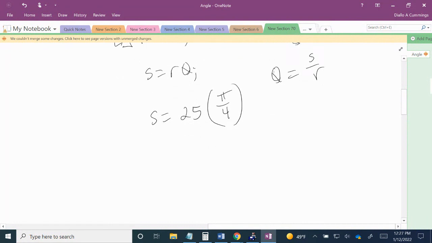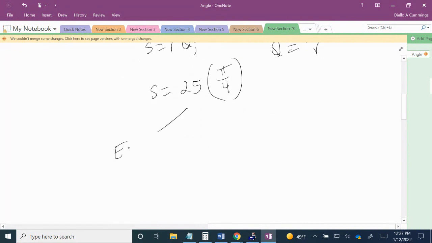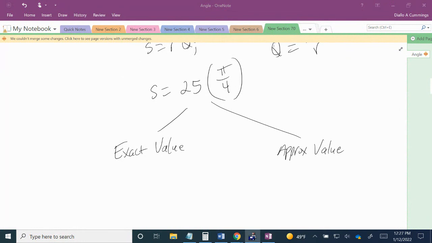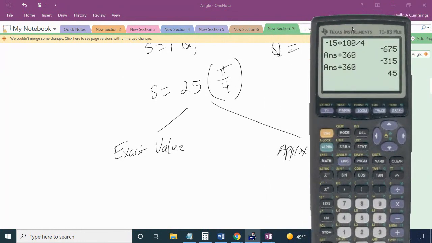From this point, there are two versions of the answer. We have something called the exact value, and something called the approximate value. Here's the difference. For the exact value, I must leave pi as pi, because pi is an irrational number, and irrational numbers never stop and never repeat. So it's impossible to write it out exactly other than symbolizing it.